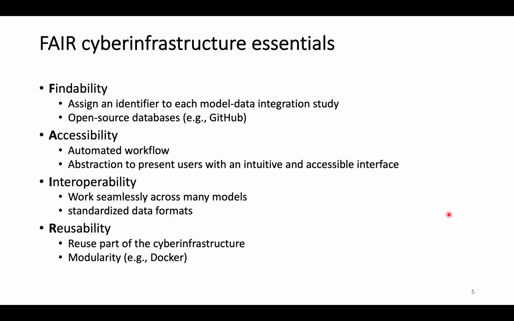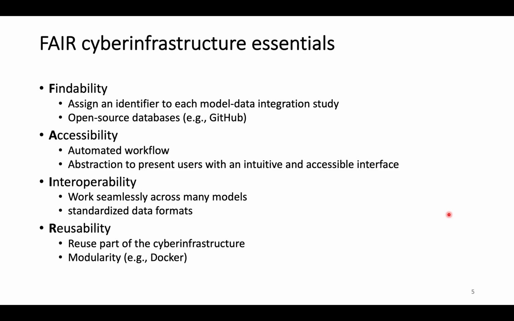Fundability is to assign a unique and persistent identifier to a model data research. With this identifier, users are able to access all necessary data to reproduce the work. GitHub is a popular repository for this purpose.